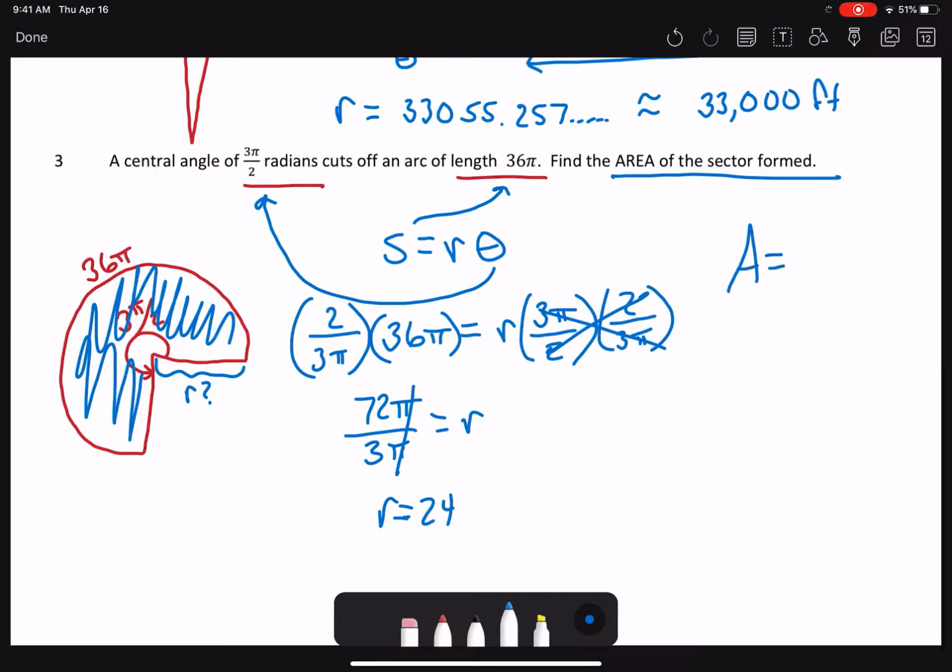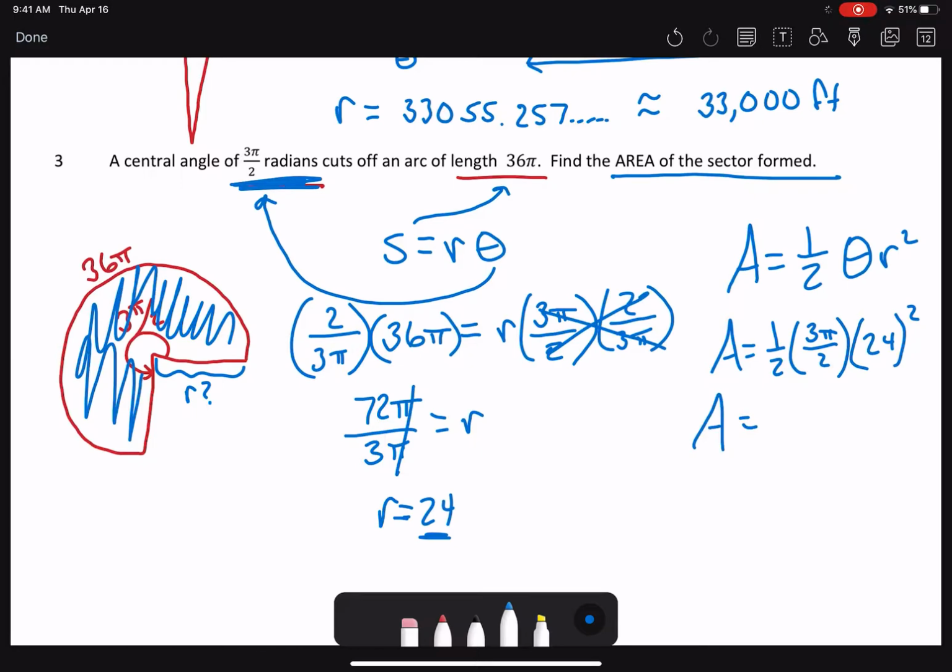So now I just say, well, area is equal to 1/2 theta times radius squared. So 1/2 theta, in this case, we go back to the beginning. Theta was right there, 3 pi over 2, times radius right here squared, 24 units squared. And we plug all this in. We get 24 times 24 is 576. Times 3 is 1728.